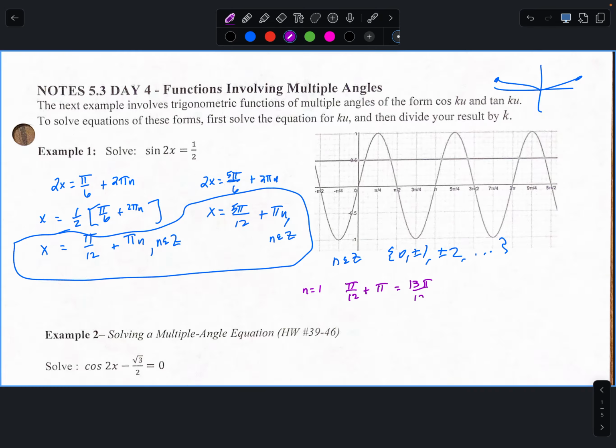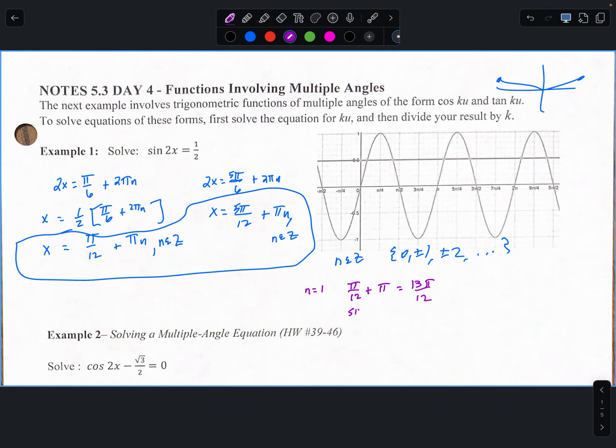So if I want to get all angles from 0 to 2 pi, I have to just let n be 1, let n be 2, let n be 3 until I go over 2 pi, which is over 24 pi twelfths. And so from 0 to 2 pi, those are my 4 places where the sine of 2x will be 1/2.